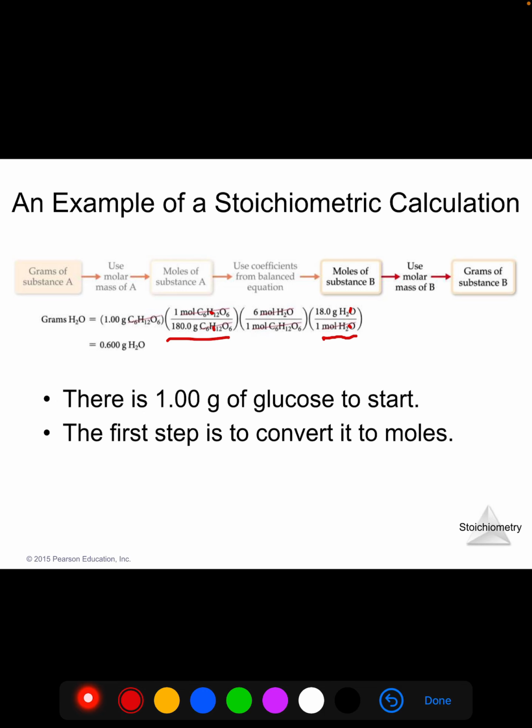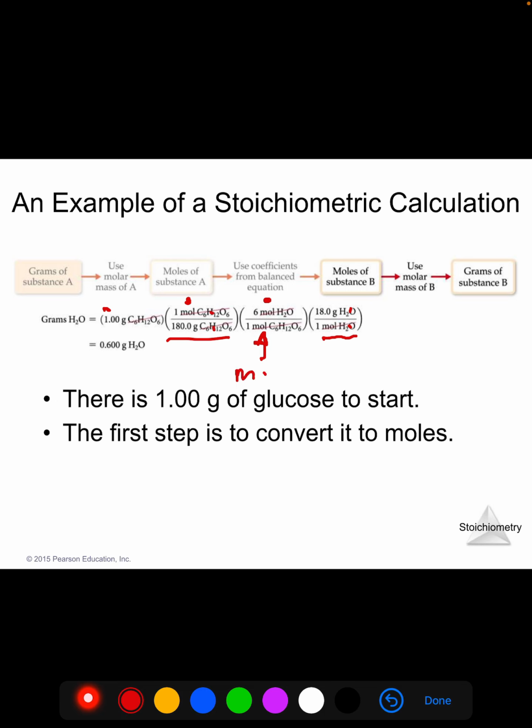So anyway, if you take your original 1 gram of glucose and divide it by 180 grams per mole of glucose, and multiply it times your 6 moles of water that are produced per mole of carbohydrate consumed in the reaction.